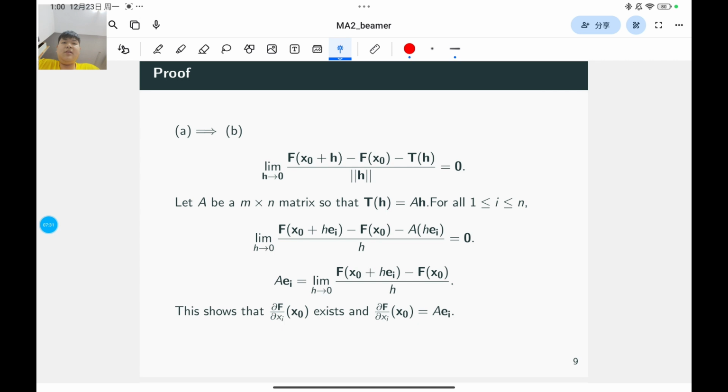After dividing by h and moving A ei to the right hand side, this gives us A ei equal to the limit of f(x0 + h ei) minus f(x0) divided by h when h goes to 0. This shows the partial derivative with respect to xi at x0 exists and it is A ei.